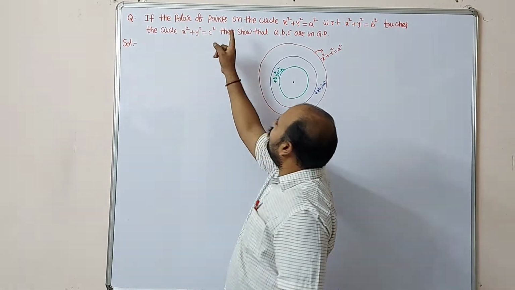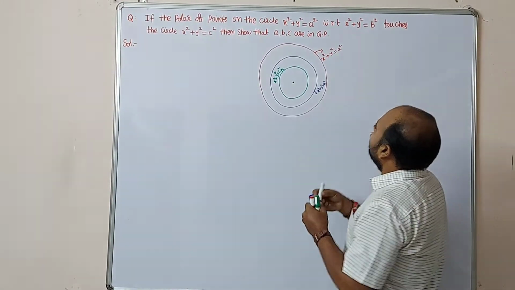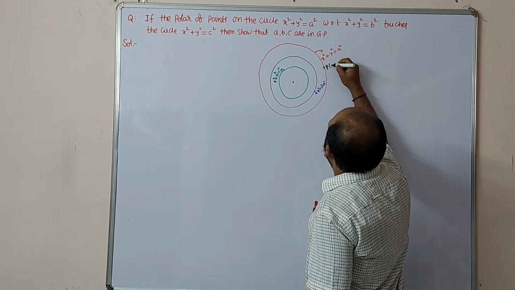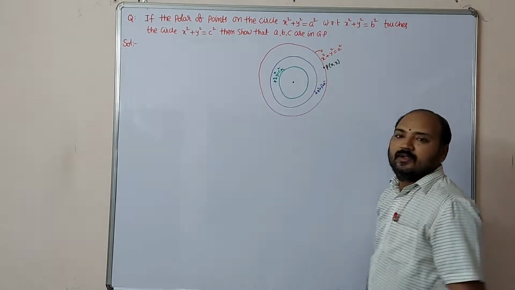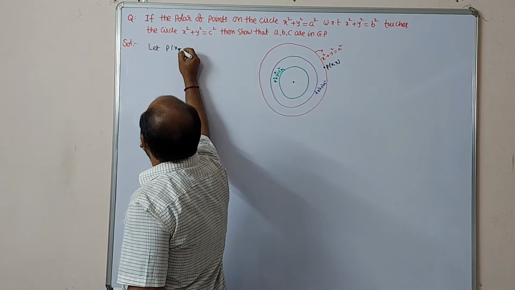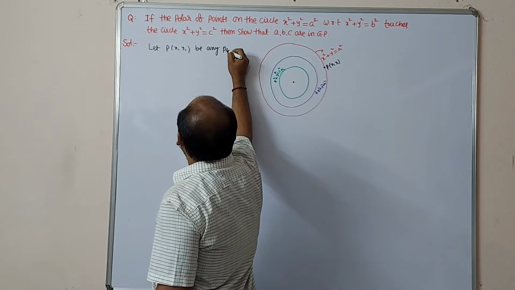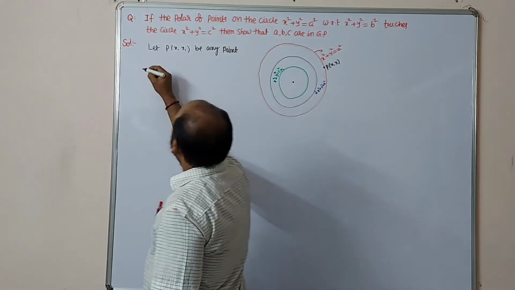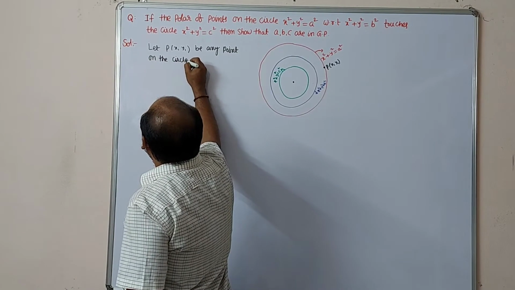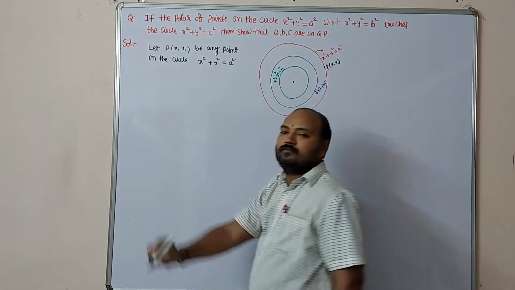If the polar of points on the circle, so you have to consider one point. Here I am considering one point P of x1 comma y1. First step, let P of x1 comma y1 be any point on the circle x square plus y square is equal to a square.